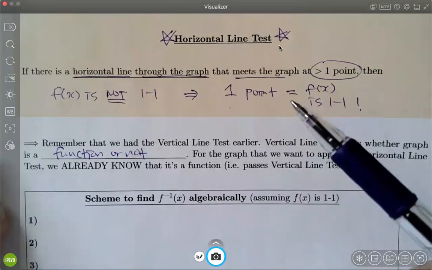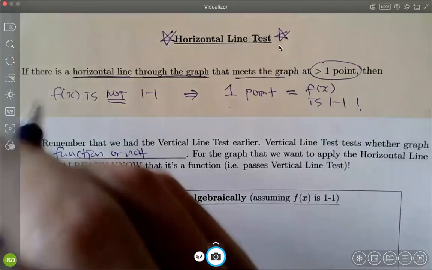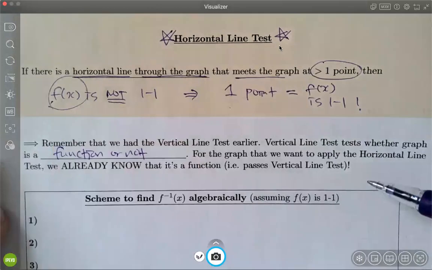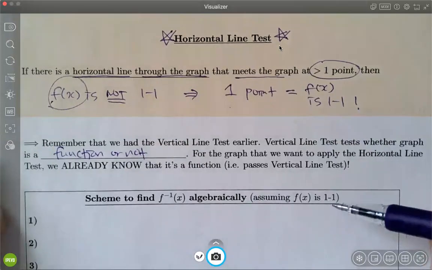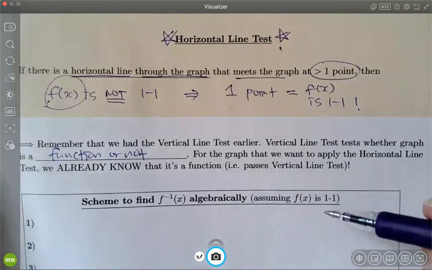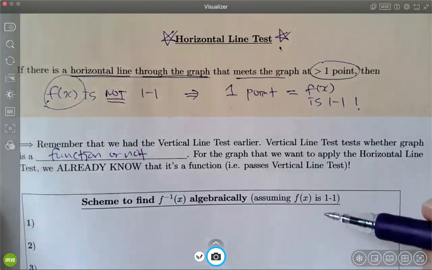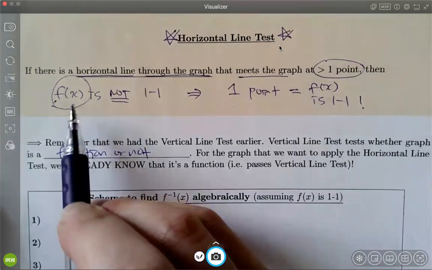And the answer is yes, it does. And how do we know it? It says f of x, right? And what does that mean? That's a function. So assuming it's a function means the graph already passes the vertical line test, right? Because if not, then we cannot use this function notation, right?